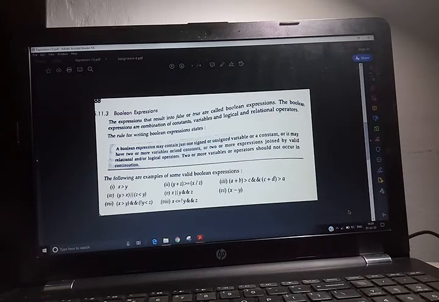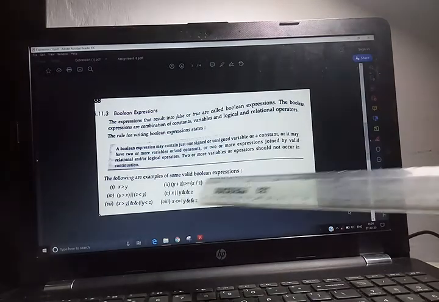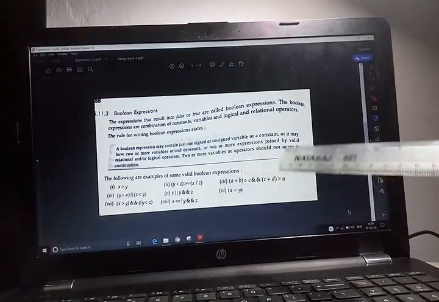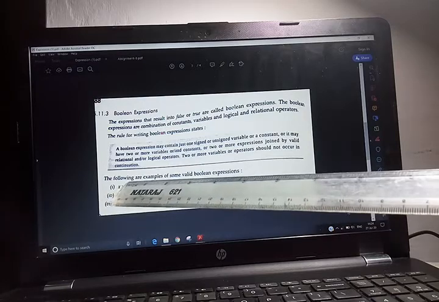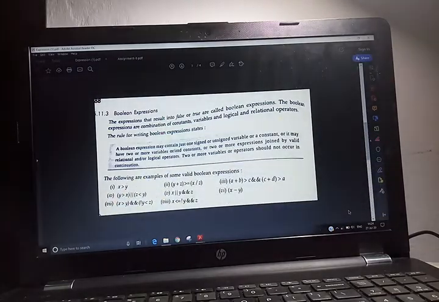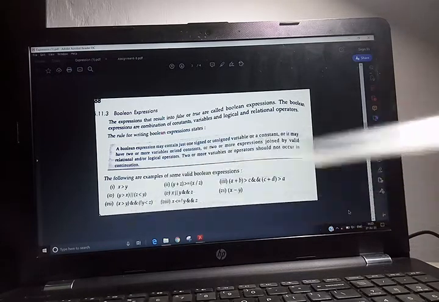X more than Y. Here are some Boolean examples. Boolean examples always come out true or false. Just like this: X more than Y, then Y more than X, or this one is the sign of or.